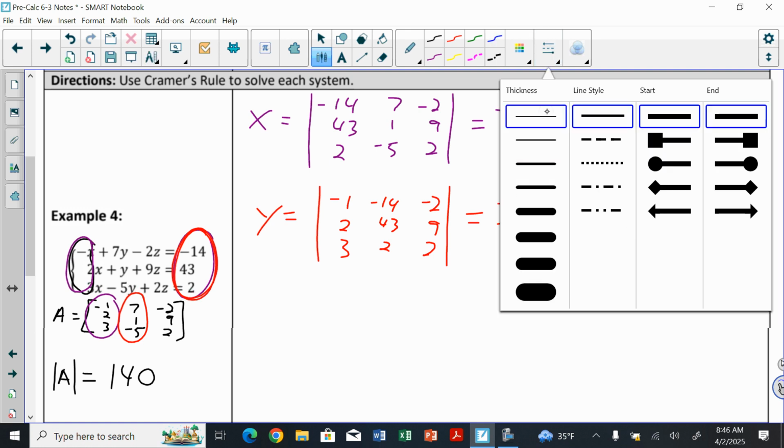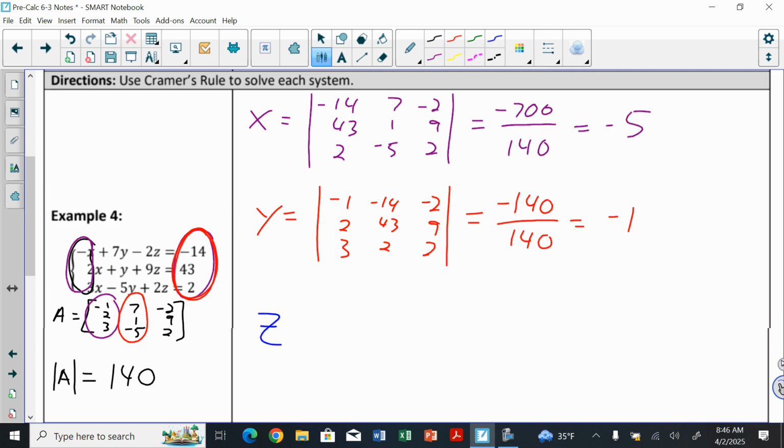And then Z, finally. So it looks simple. I'm sorry, I forgot, we've got to put this one over 140 here. That's where these are coming from as well, because 140 was the determinant of A. Okay, for Z, same idea. Again, in blue this time, these three numbers are going to replace these three numbers in the coefficient matrix.